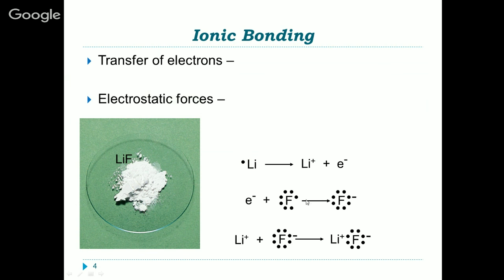Fluorine, which has 7 electrons, can accept this electron to now become negatively charged. So I have lithium that lost the electron to fluorine, which took it. Now we have a positive lithium ion, a negative fluoride ion, and now we can form lithium fluoride, which is shown over here, a white powdery substance.